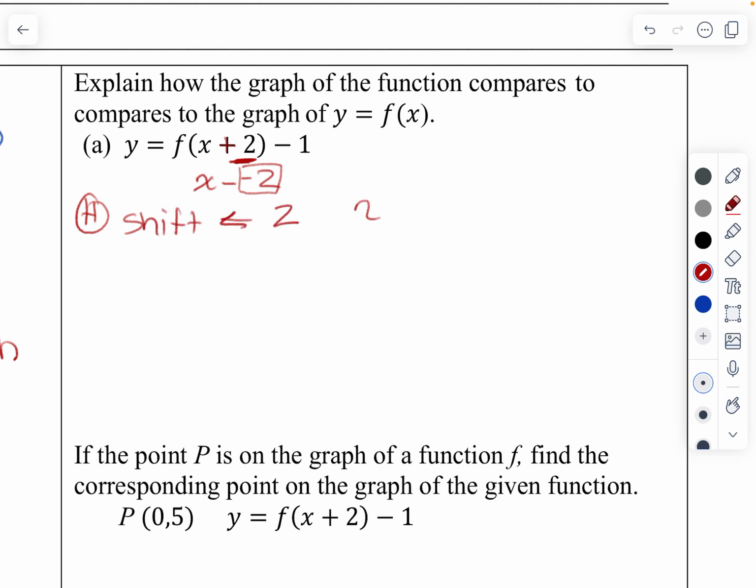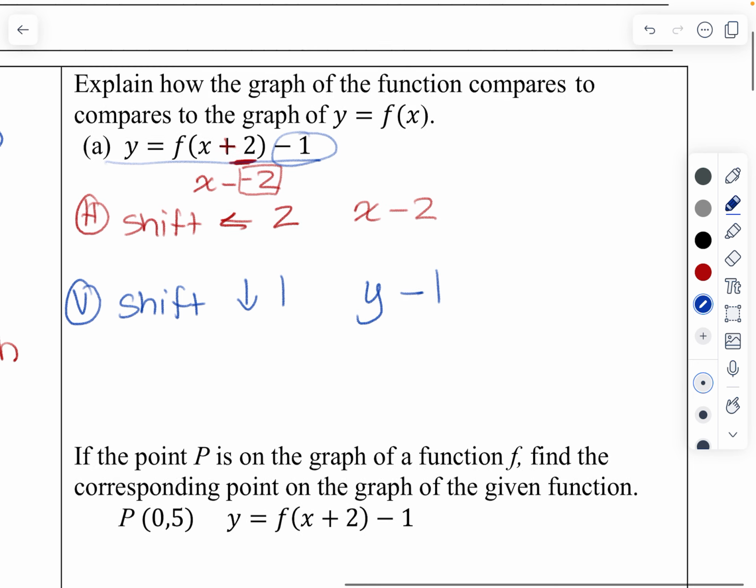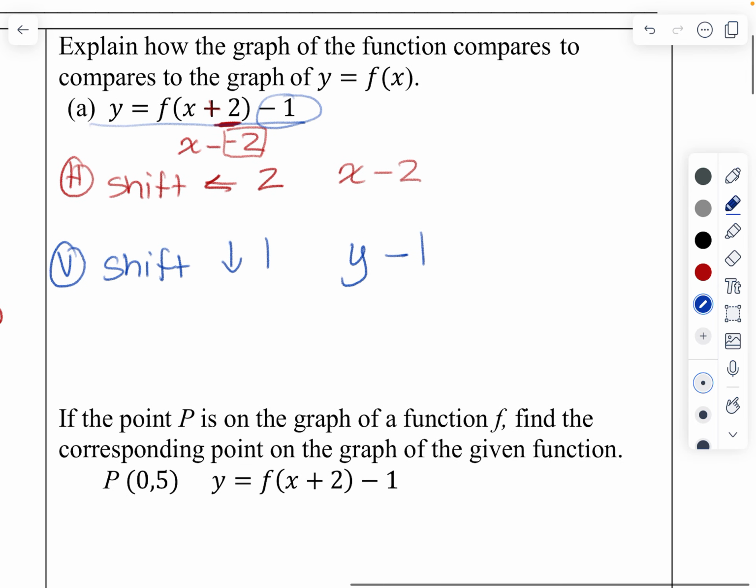So we're just going to take our x value, whatever it is, and subtract 2 from it. And that's the only horizontal action I see in that description there. And then we have a K right here. And so we have a vertical shift. And it says -1. So that's going to be down 1. So that just means we're going to take our Y value and subtract 1, whatever that Y value is. Okay. And so those are the only two numbers that we have in that transformational form of the function.